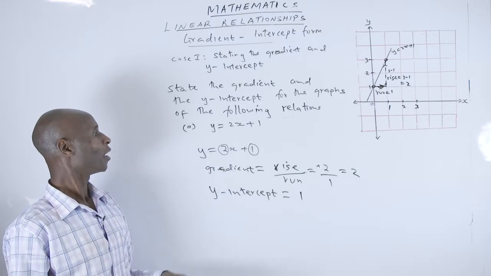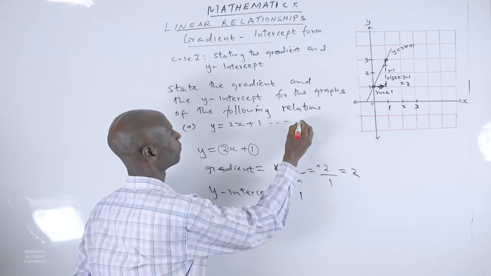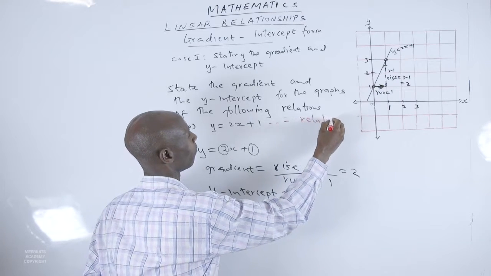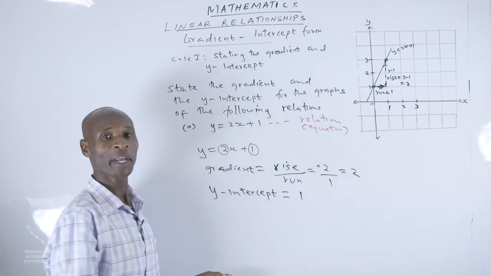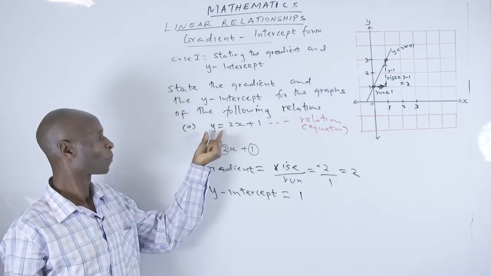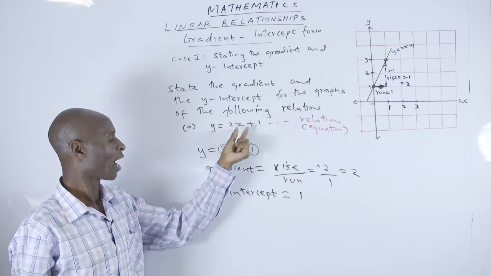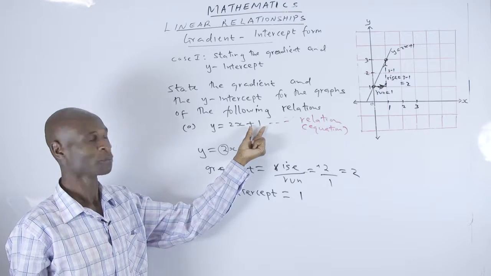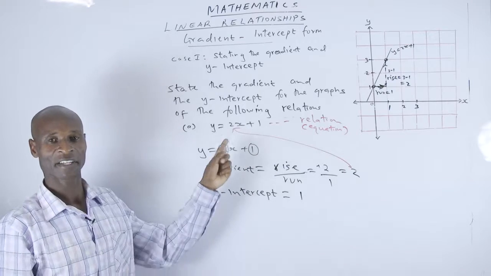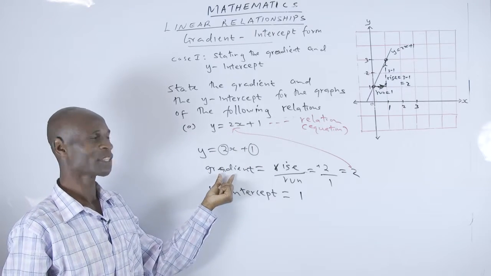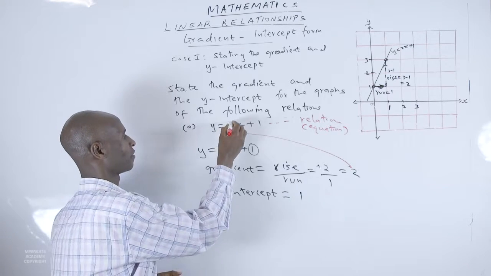Now, from the equation that we have been given, we can compare where there is 2 in our relation and where there is 1. We discover that the 2, which represents the gradient, is the coefficient of x.